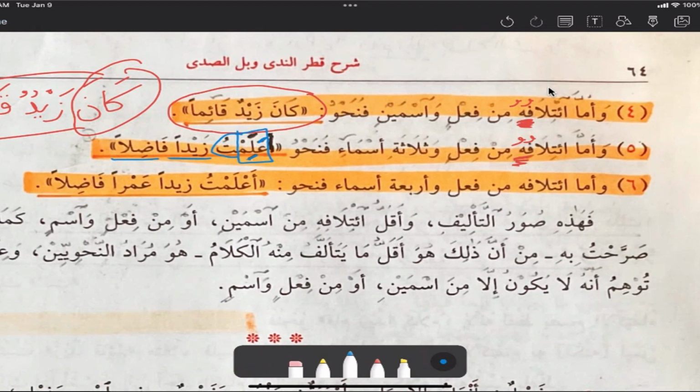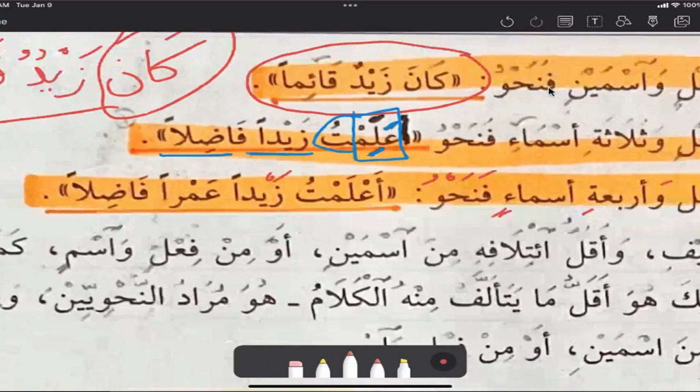وَأَمَّا ائْتِلَافُهُ مِنْ فِعْلٍ وَأَرْبَعَةِ أَسْمَاءٍ, and as for being composed of a verb and four nominals, فَنَحْوُ أَعْلَمْتُ زَيْدًا عَمْرًا فَاضِلًا. It means أَعْلَمْتُ, I informed.